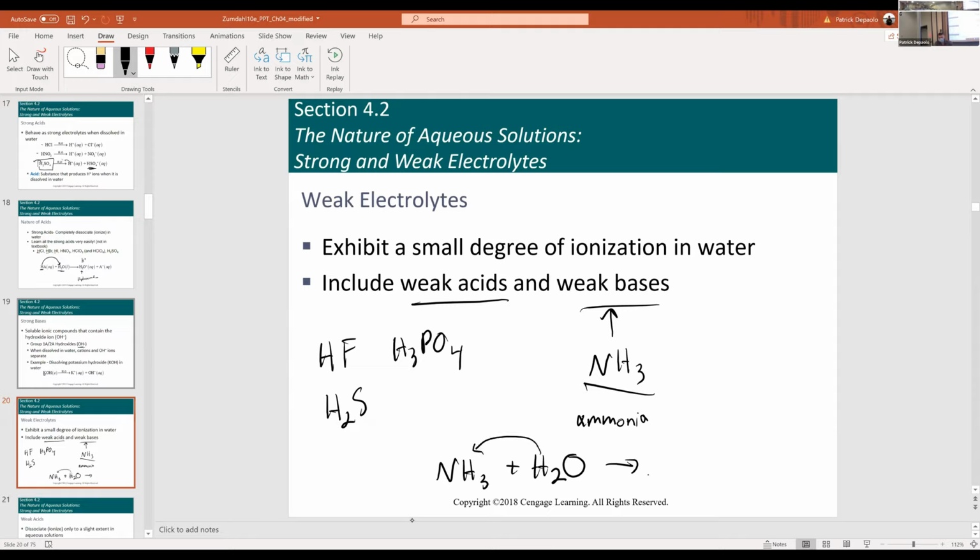And this ammonia now becomes the ammonium ion, one of the polyatomic ions that you should have seen before. And whatever is remaining is the hydroxide ion produced by the ionization of NH3, ammonia. So that's an example of a weak base doing that.